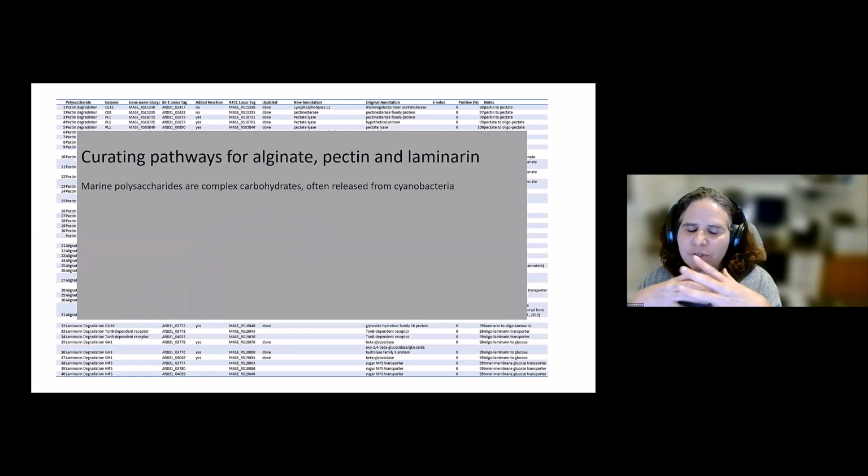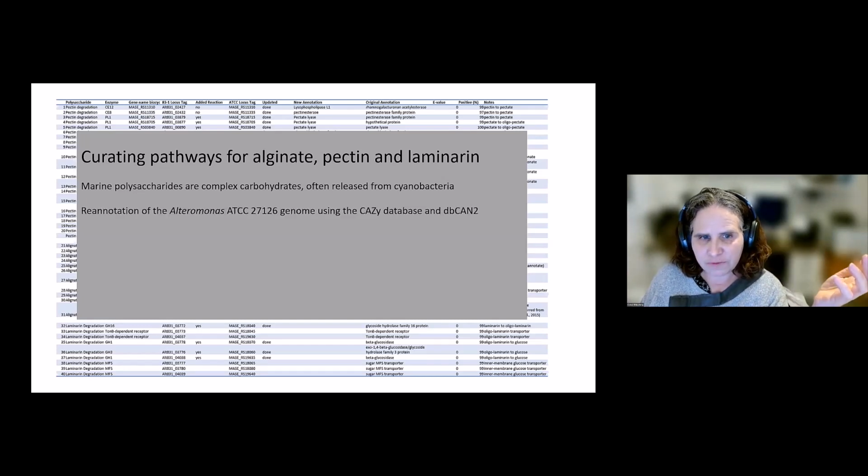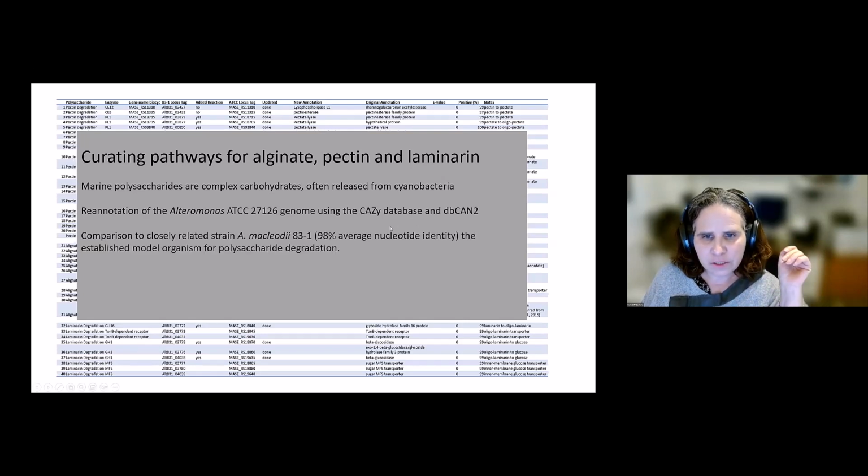So I just want to give a few examples of things we've done. For example, alginate, pectin, and laminarin. These are all marine polysaccharides that are complex carbohydrates, and often they are released from cyanobacteria. To curate these, first we re-annotated the genome using these two databases.